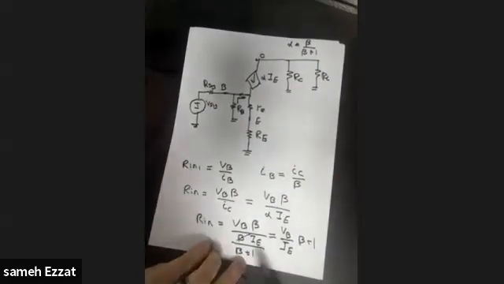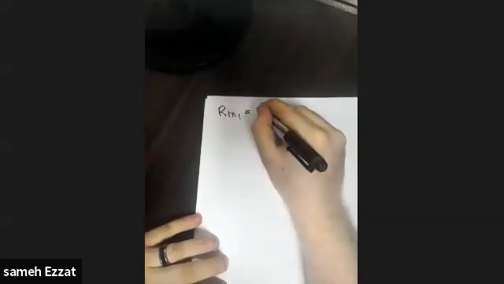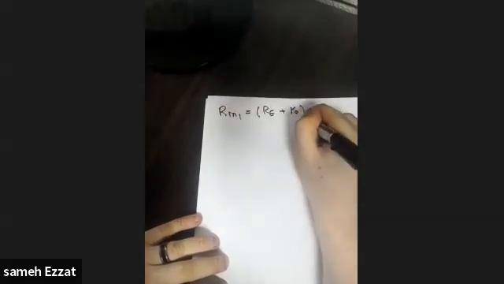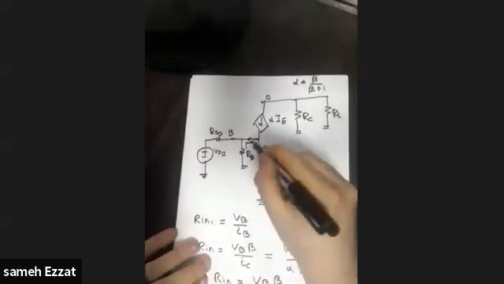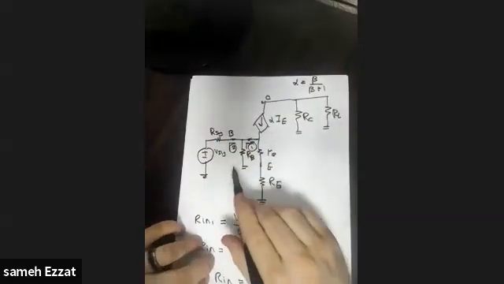So now Rin number 1 is equal to capital RE plus small re times beta plus 1. Simple. Okay. Now we determine Rin number 1, which is here. What about Rin number 2? The input resistance here.